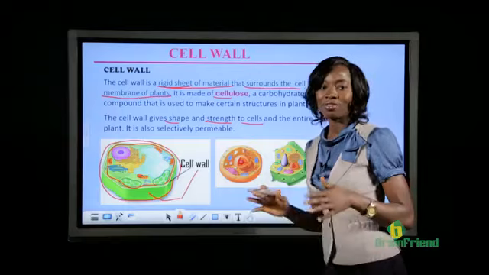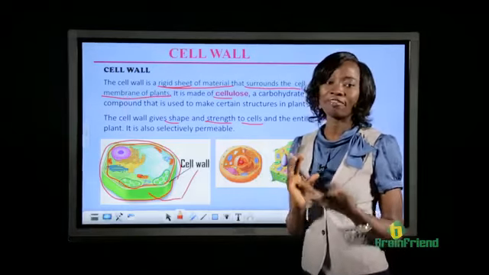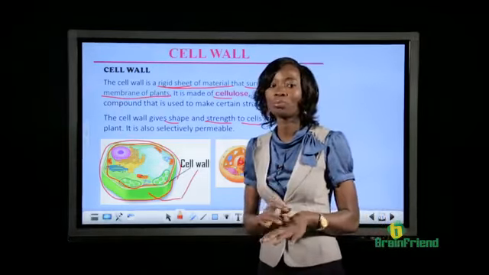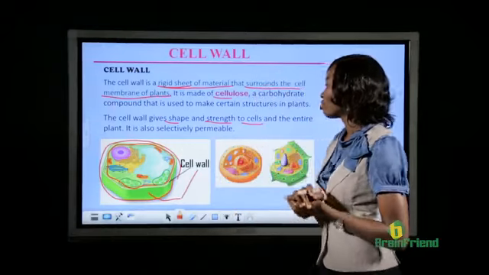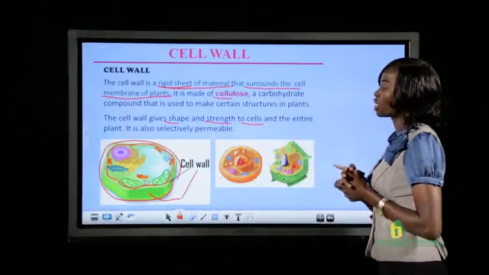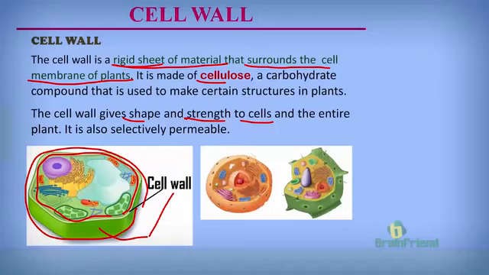Of course, if the cells within a plant are firm, if they are rigid and they have a good shape, plants would also have good shape and they should be strong as well. The cell wall is also selectively permeable. It controls the substances that go in or out of the plant cell. So this is the cell wall of a plant cell.